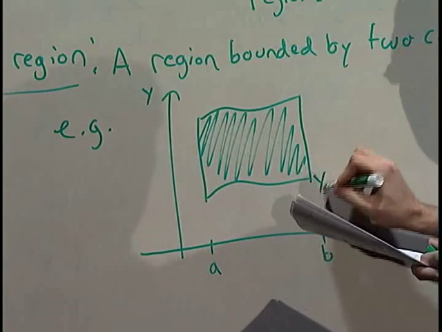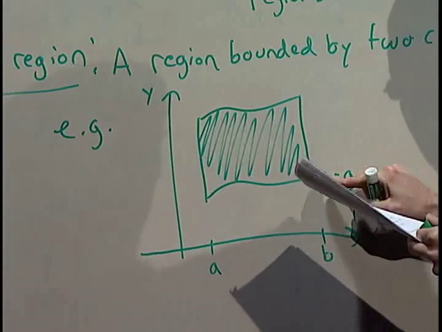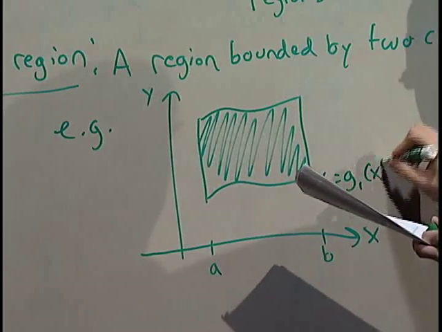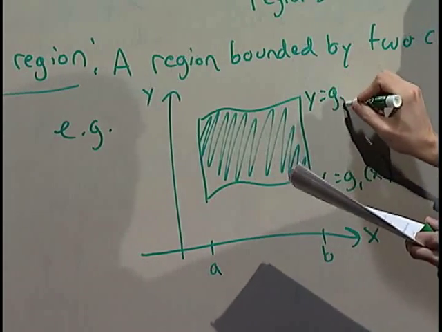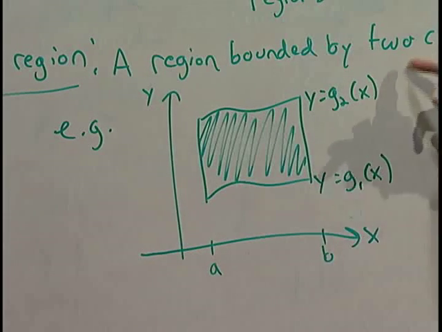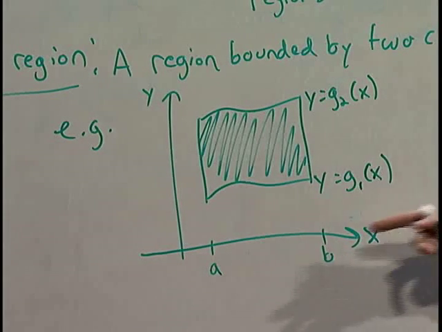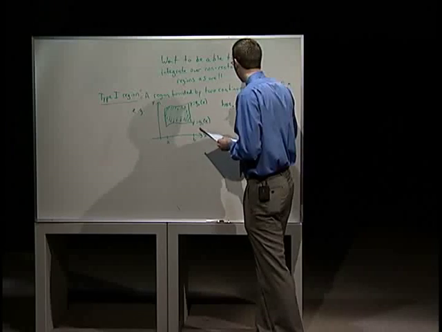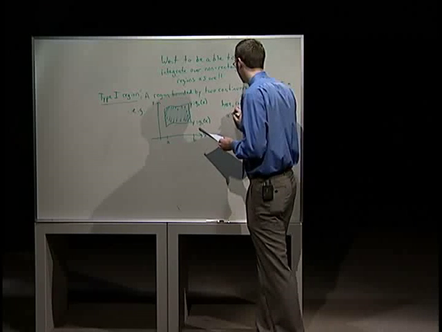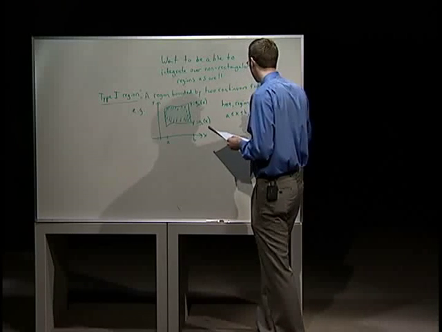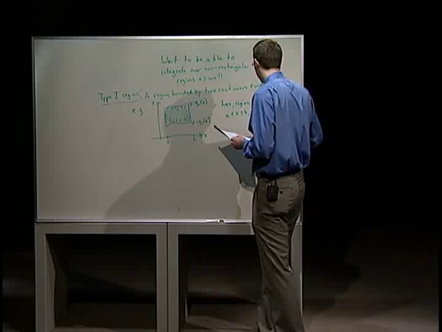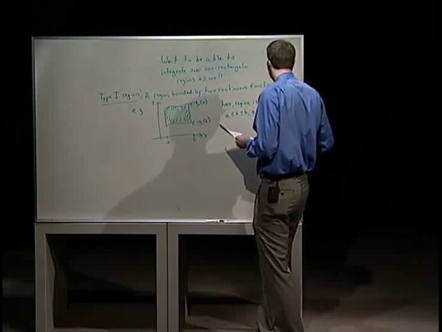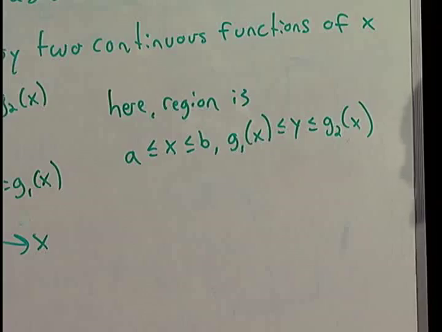And your y limits, well, y is some function of x for the bottom function, and y is some function of x for the top function. So you have two continuous functions of x, g1 and g2, and your x limits are constant here, right? So here, the region is, well, x lies between a and b, and y lies between these two continuous functions. That should be a 2 there, shouldn't it? These two continuous functions of x, okay?